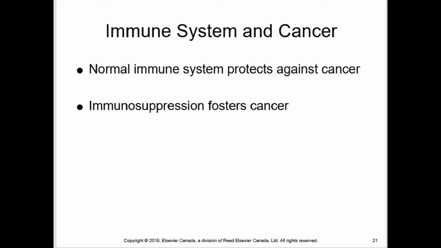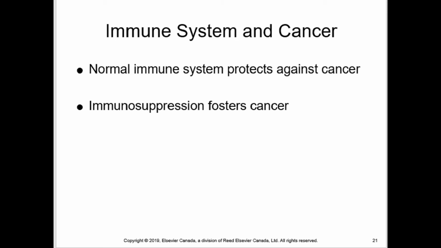Normally, what happens is that the immune system is actually able to protect against abnormal cell growth. However, there are several cases where immunosuppression exists.